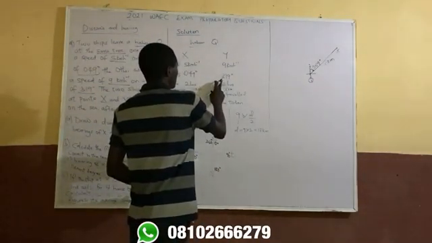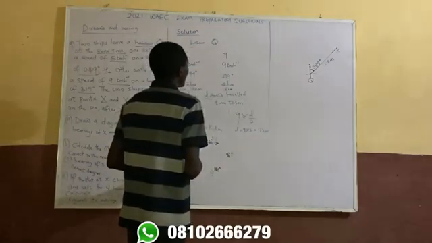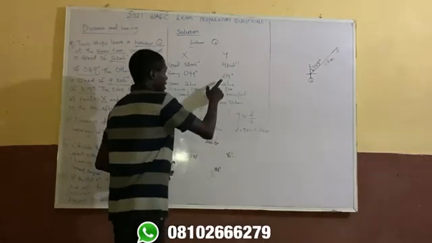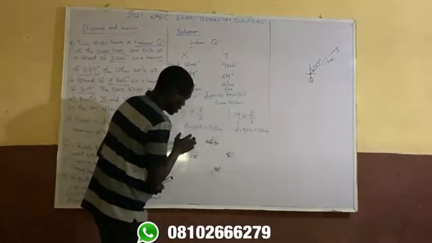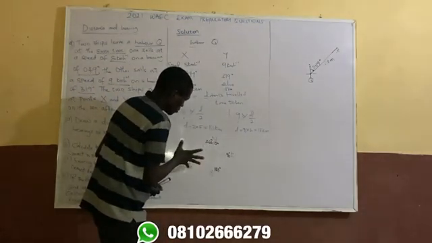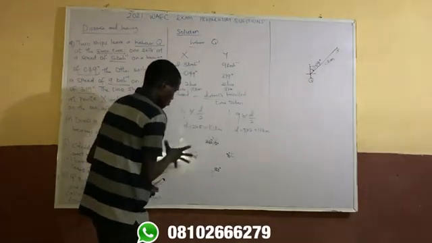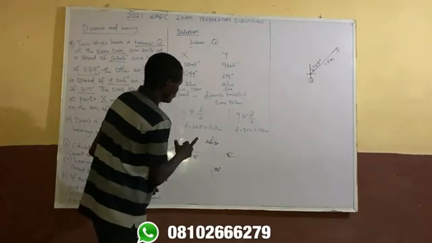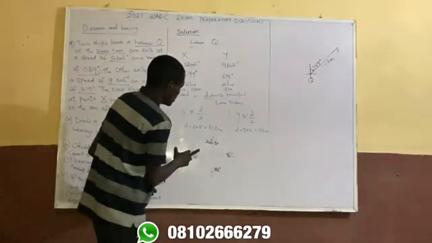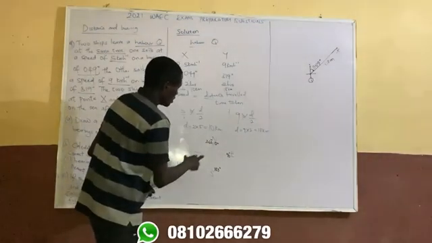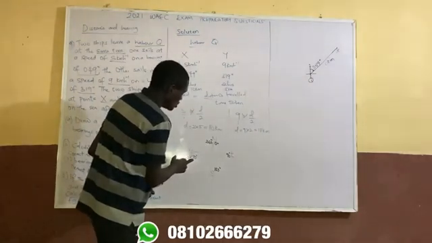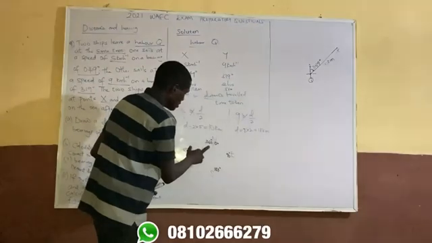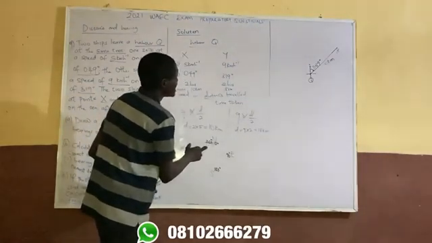The second piece of information given to us is that the second ship leaves the harbor Q on a bearing of 319 degrees. Note that 319 degrees falls in which section of the cardinal points? 319 falls between 270 degrees and 360 degrees.